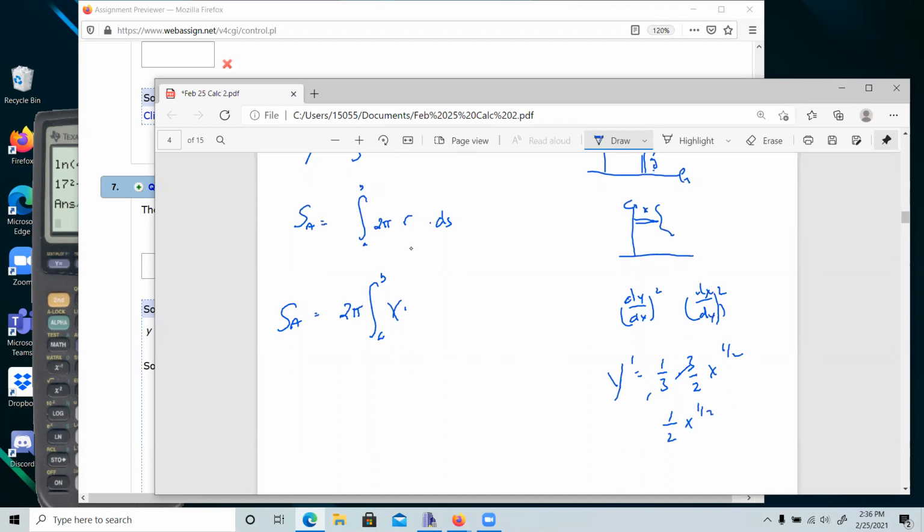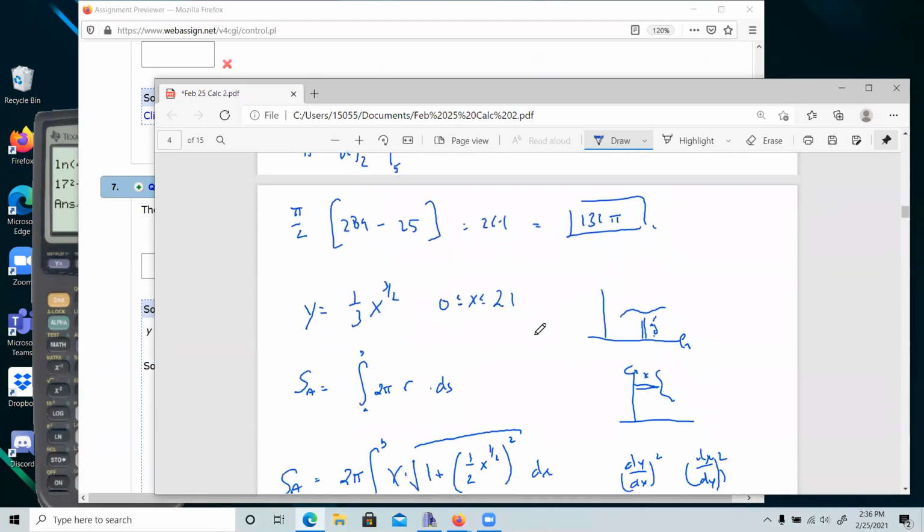Wow, boy, they were kind. Right. So we have the square root of 1 plus 1/2 x to the 1/2 squared, dx. And we're going from x equals 0 to 21.